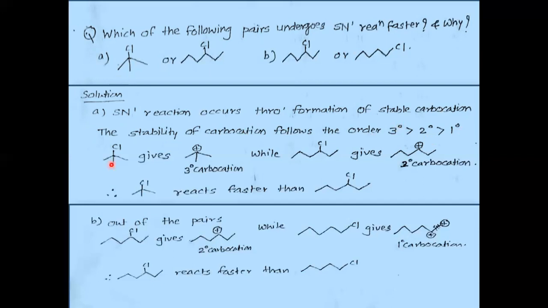Now in this pair, it is a tertiary alkyl halide, so it gives a tertiary carbocation, while this compound gives a secondary carbocation. Therefore, tertiary butyl chloride reacts faster than this secondary hexyl chloride.